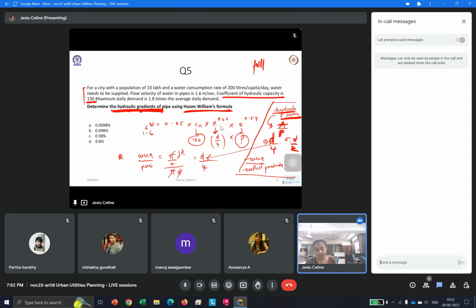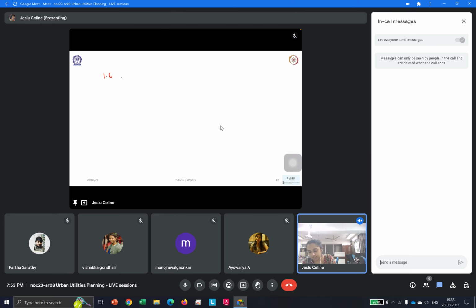So we know V and all the others; S is the only thing which is unknown, so we can easily find it. Let's substitute: 1.6 is equal to 0.85 into 130 into, in this case D by 4, the D was 1.82 divided by 4, the whole raised to 0.63, into S raised to 0.54. Let's solve this for S.